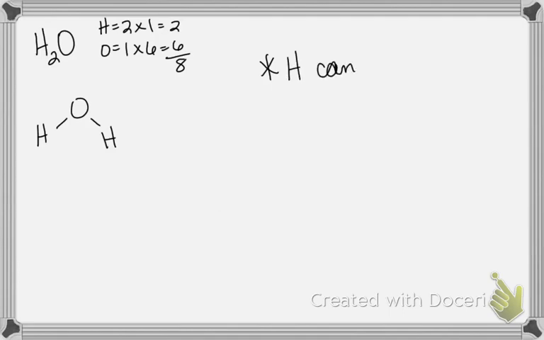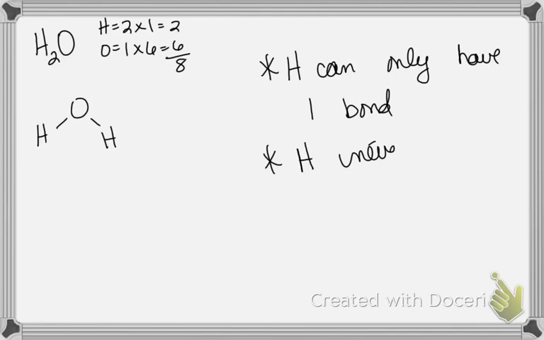Hydrogen can only have one bond, and hydrogen never has an octet. So that means you'll never have any dots on a hydrogen, okay? Never electrons. So we don't do anything. When it says satisfy the octets of all atoms bonded to the central atom, there's nothing to be done here.